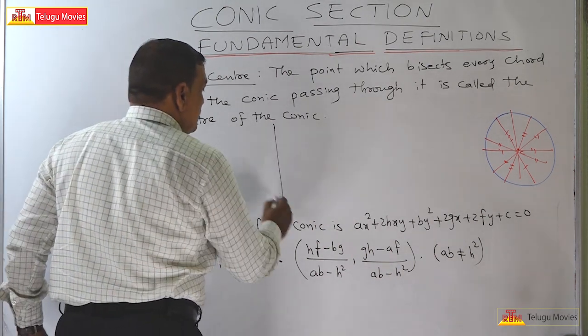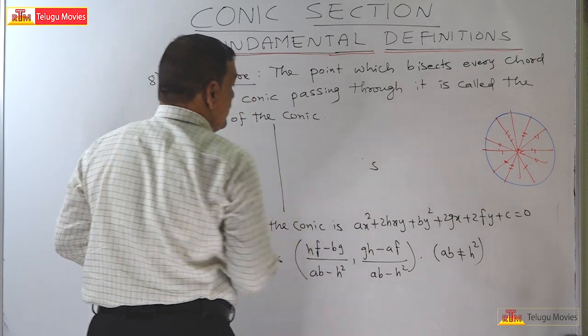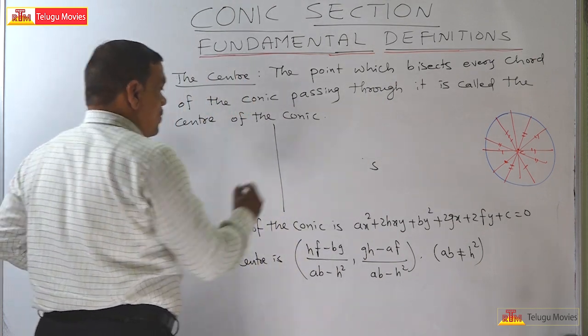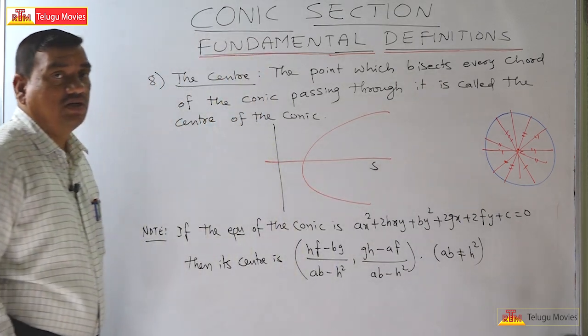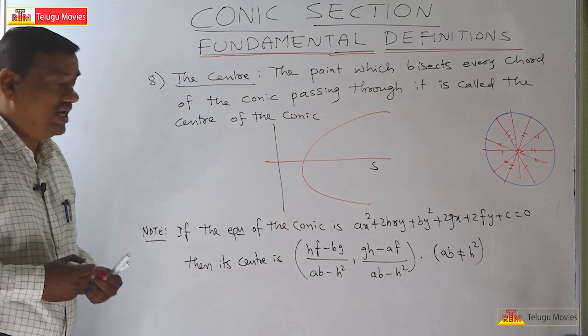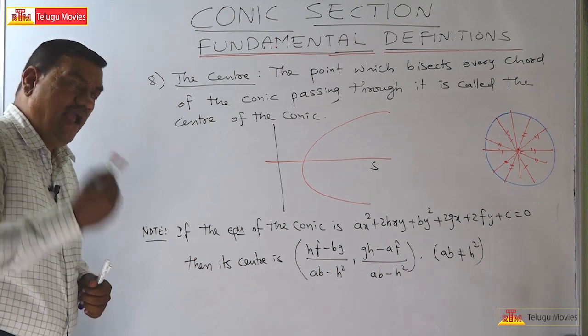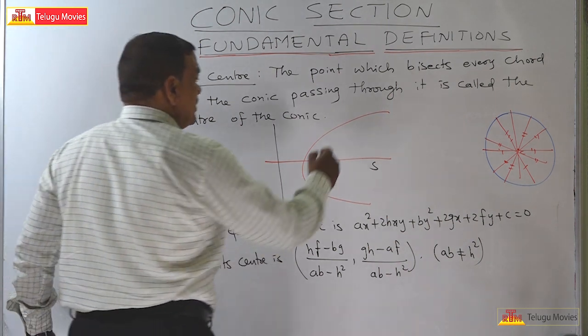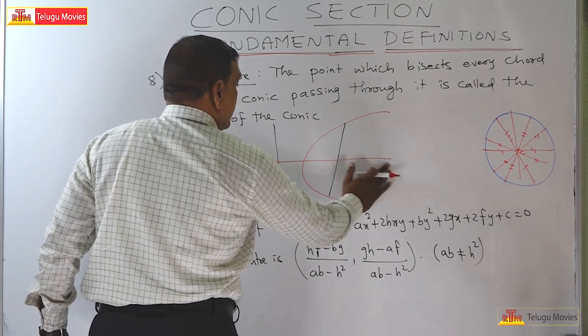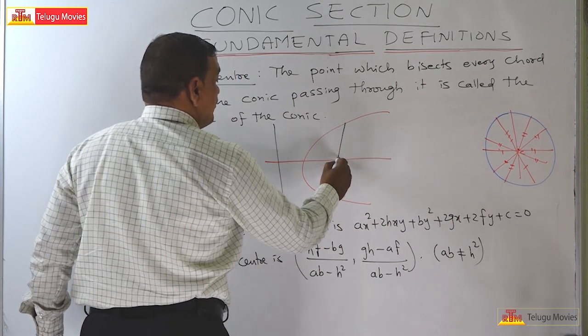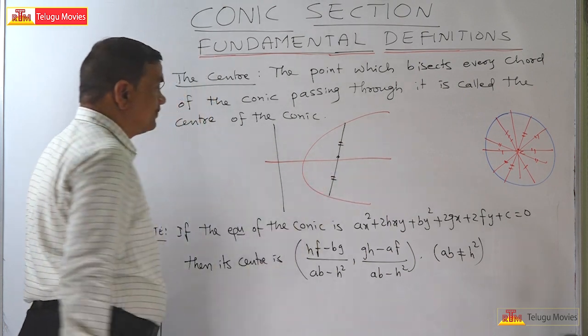This is a fixed line, the directrix, and this is a fixed point, and it is a conic, whatever it may be: parabola, hyperbola or ellipse. I have taken one chord, and here is a point which bisects it.